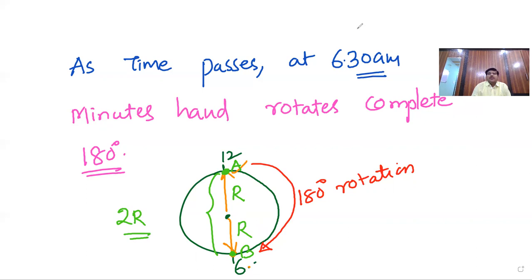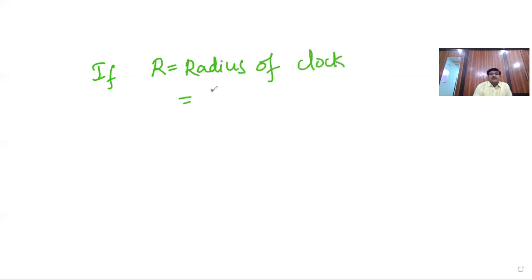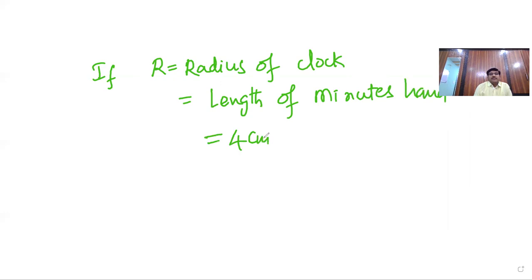Clear? Now, if R is the radius of clock, that is taken as length of minutes hand, which is equal to 4 centimeter.